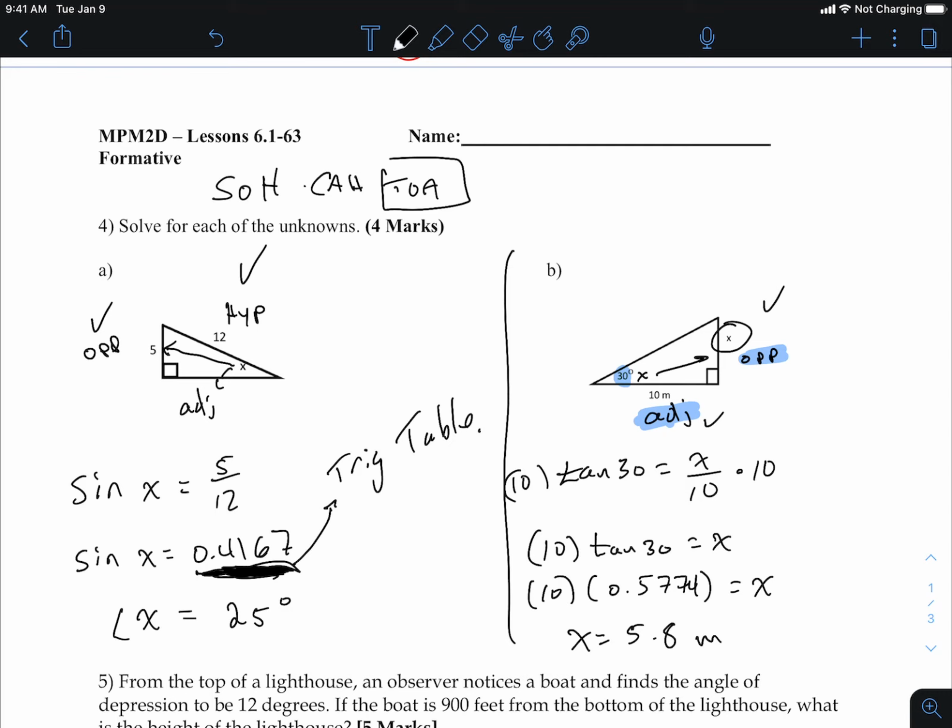Okay? Please use SOHCAHTOA if you see a 90 degree in the corner. If you see a 90 degree in the corner, please use SOHCAHTOA. Do not use cosine law. I will throw your page down the stairs or something.